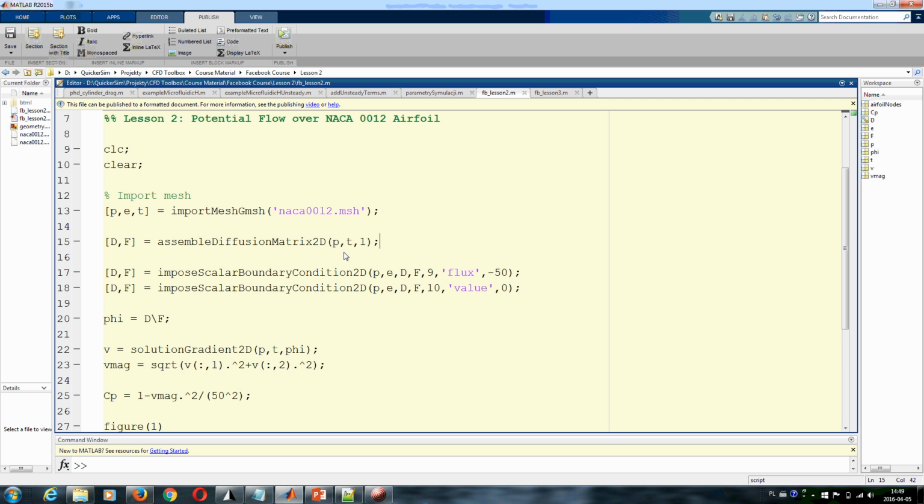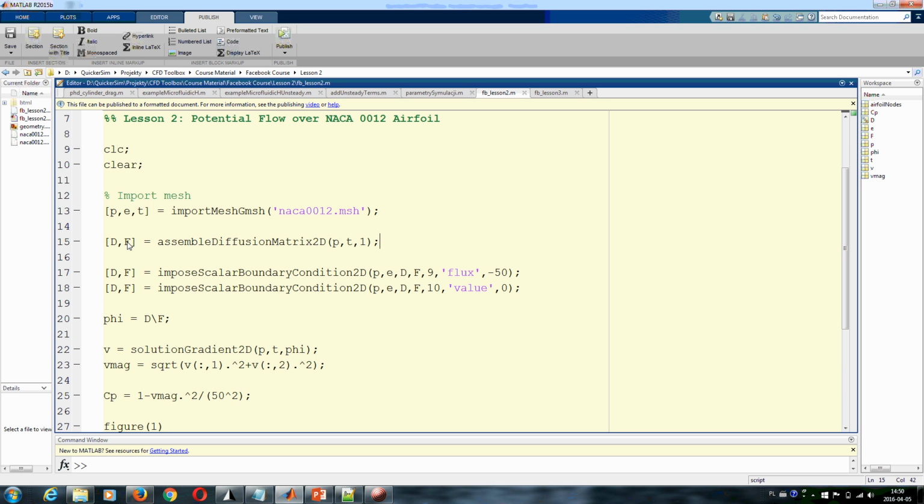The arguments that we need to pass to this assemble diffusion matrix function are information about the mesh, the P and T arrays, and diffusivity. Basically, for a diffusion problem, you need to define a diffusivity, and because we are solving a very simple Laplace problem, our diffusivity is simply equal to 1. This assembles D, the diffusion matrix, and F, the right-hand side vector.